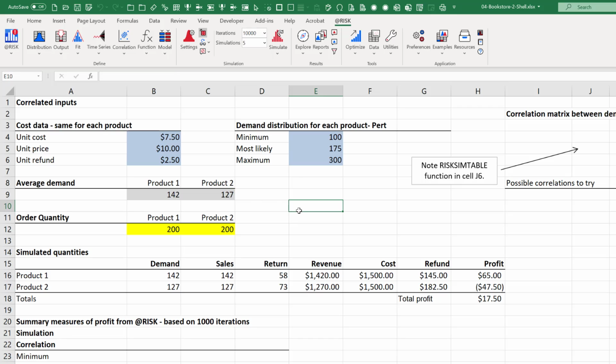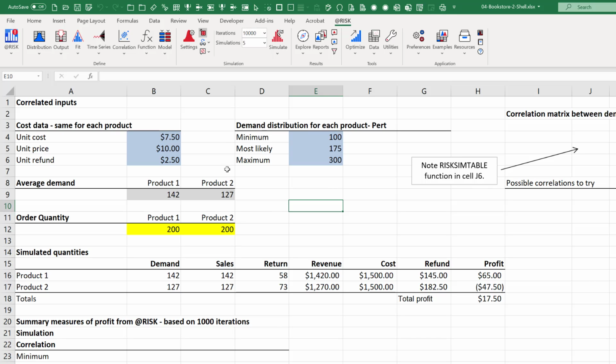So to handle the situation, @Risk gives you a way of defining correlation between the input values. So we have two input values. So the correlation is going to be a 2 by 2 matrix.